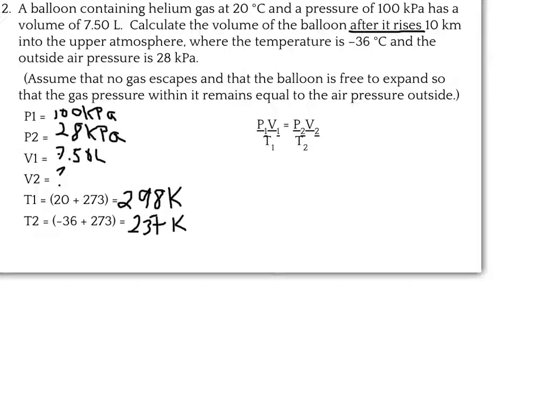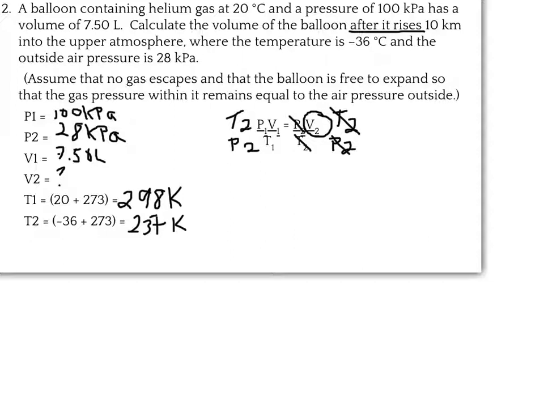So in this situation, I have all of my variables, and what I'm looking for is my V2. In order to have V2 by itself on one side, we initially have to get rid of T2. So we're going to multiply both sides by T2, and then the T2s will cross off on the right. And then we have to get rid of P2. Because P2 is on the top, we have to divide both sides by P2, and then P2 will cross off on the right.